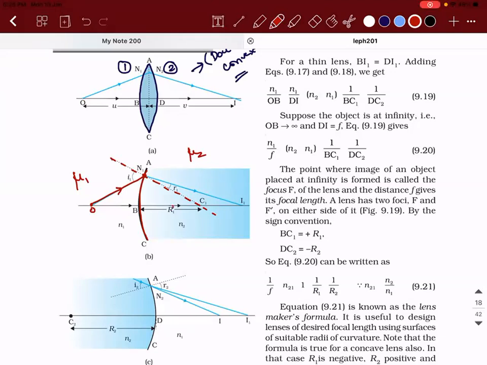Let's say this distance is r1. And this is going to be the actual path. The ray is traveling from rarer to denser medium, so it will start bending towards the normal. Let's say one of the refracted rays is like this. If I consider the other refracted ray along the principal axis itself, it goes undeviated, accepted.